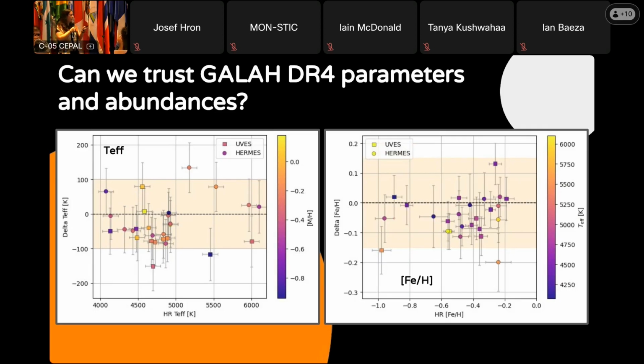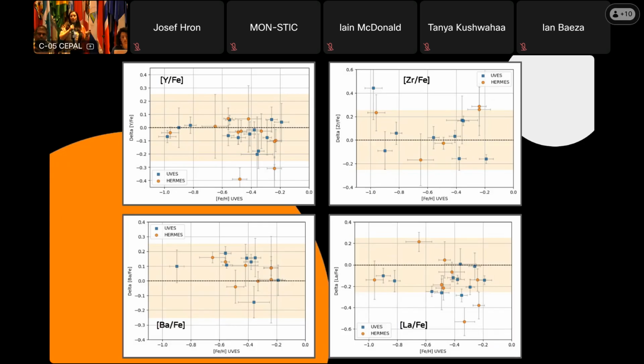Let's see the effect on the abundances. And here you have the 4 elements that I decided to keep. So you have yttrium, zirconium, barium, and lanthanum. And the yellow regions here, in case you don't see the axis, is on 0.25. I chose that number because that's the threshold that was put, for example, in Castro 2016 to say if something is a barium star or not.